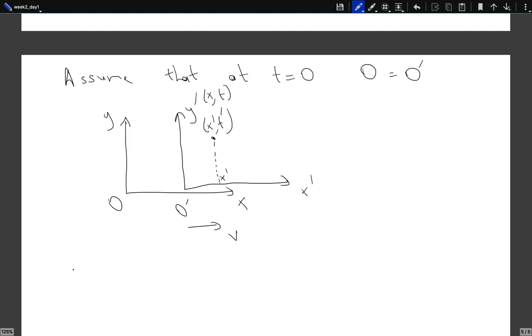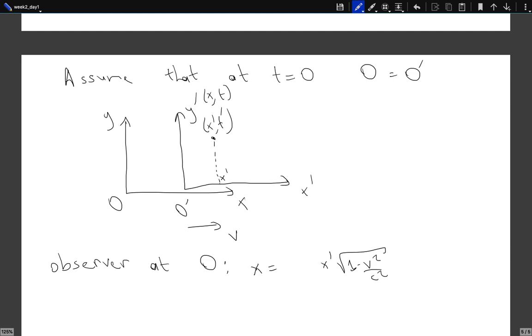Now, for observer at O, well, this distance is x prime, as measured in the O prime reference frame. So the O observer will see that that distance is x prime times square root of 1 minus v squared over c squared. I'm trying to write x. Now, x should be this distance measured by this one.